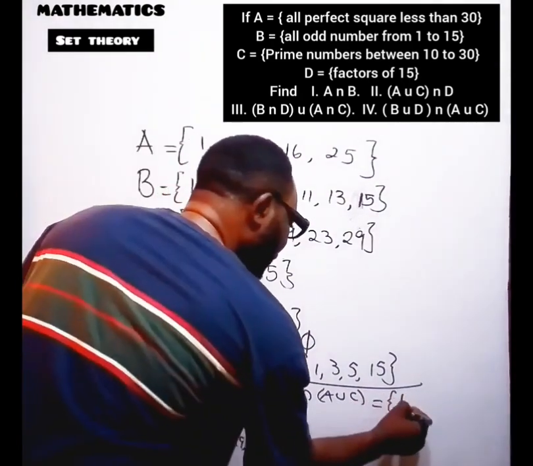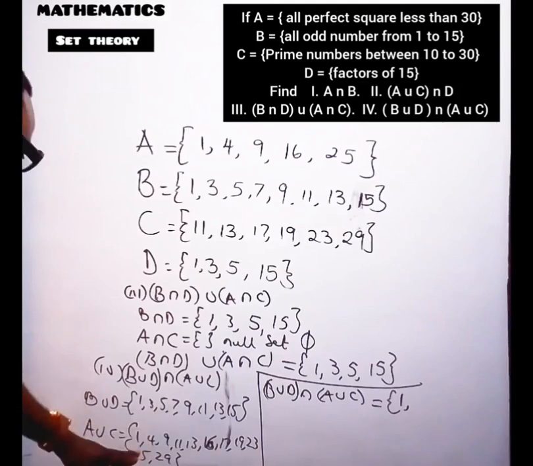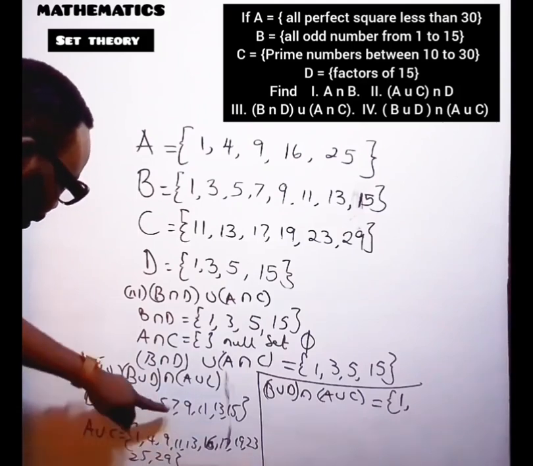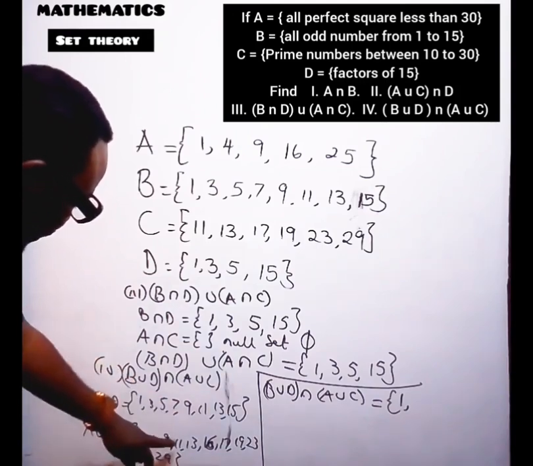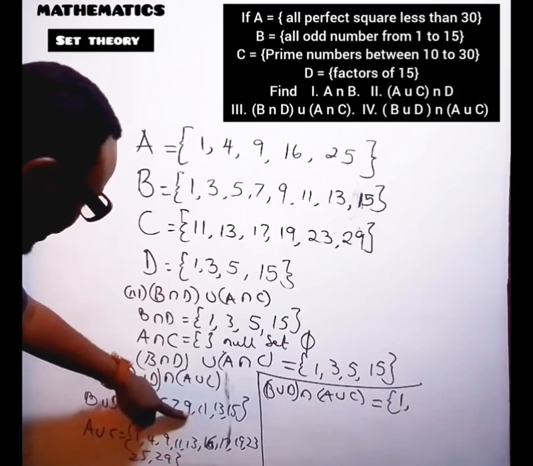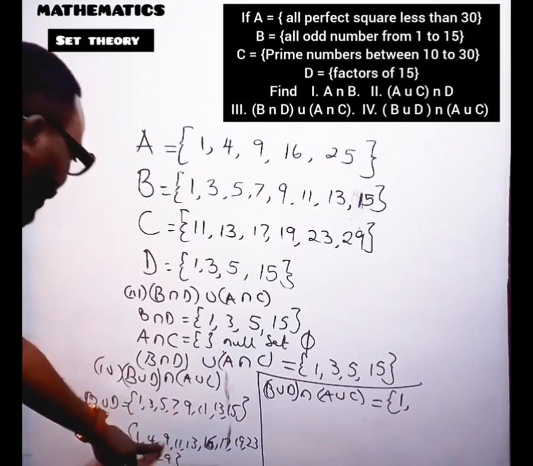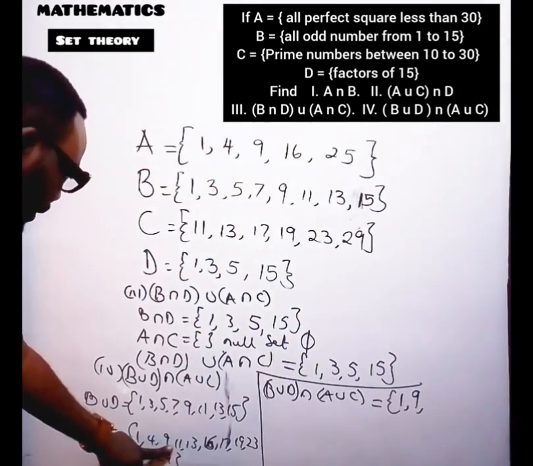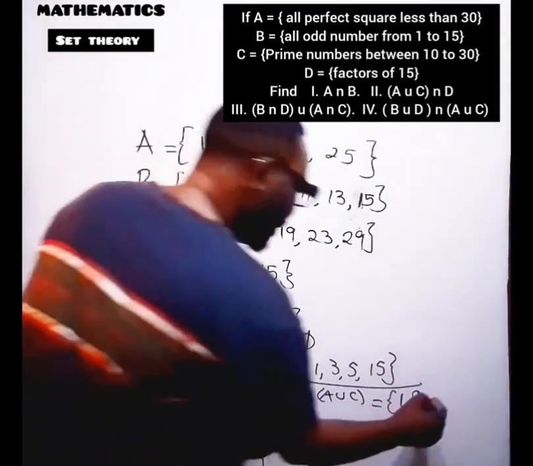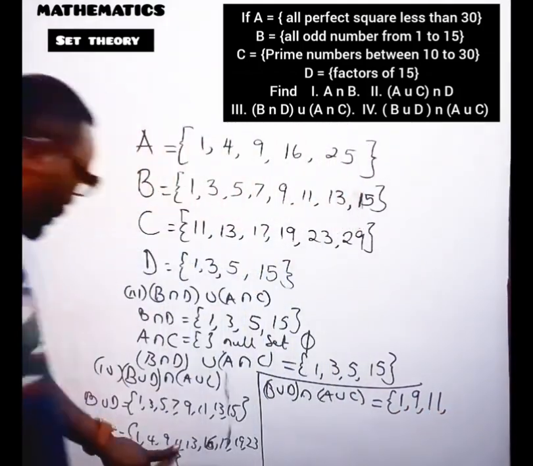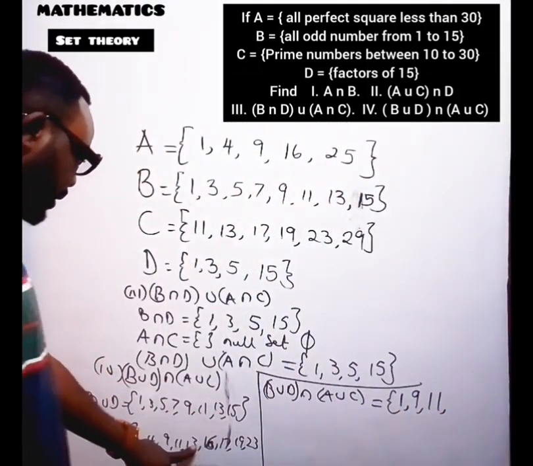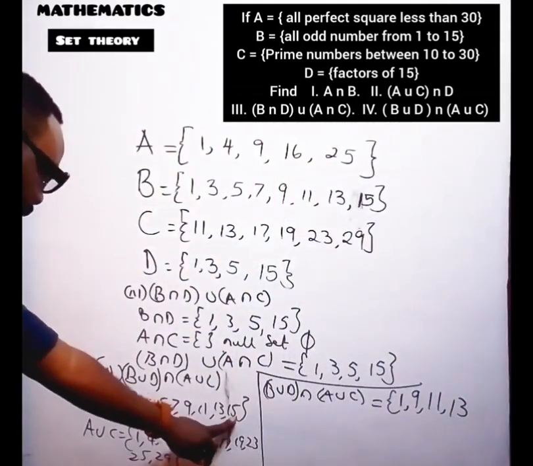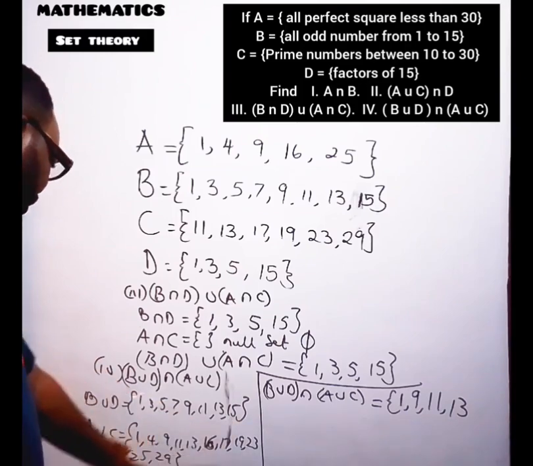That's 1. 3 here, there's no 3 here. 5 is here, there's no 5 here. 7 is here, no 7 here as well. 9 is here, there's 9 here. 11 is here, 11 is here. 13 is here, 13 is here. 15 is here, 15 is not here.